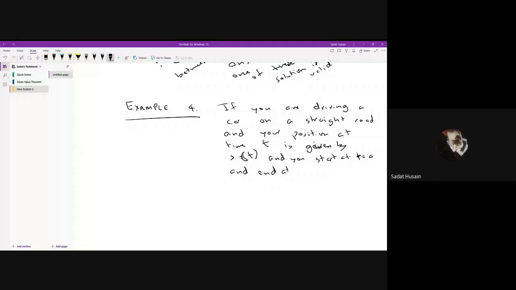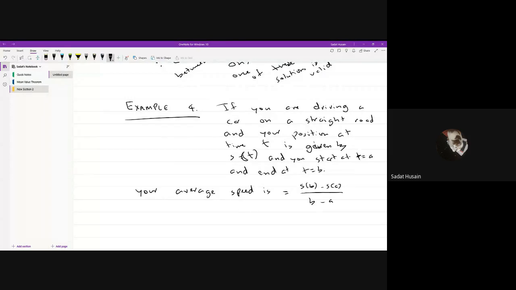Your average speed is given by s of b minus s of a divided by b minus a.